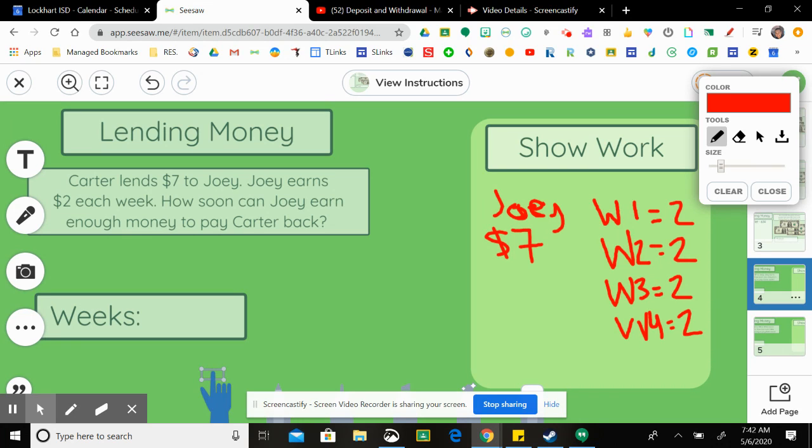Do we have enough? Exactly, we do. We have the perfect amount, and we'll even have one remaining. So how many weeks? A total of 4 weeks for Joey to earn enough money to pay Carter back.